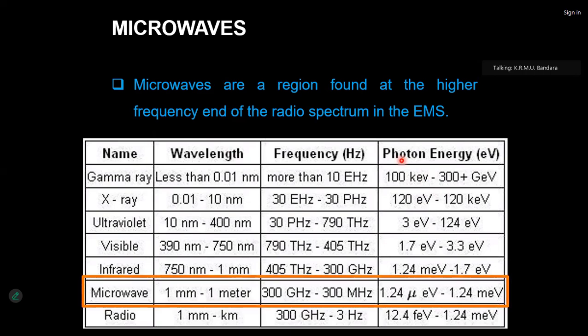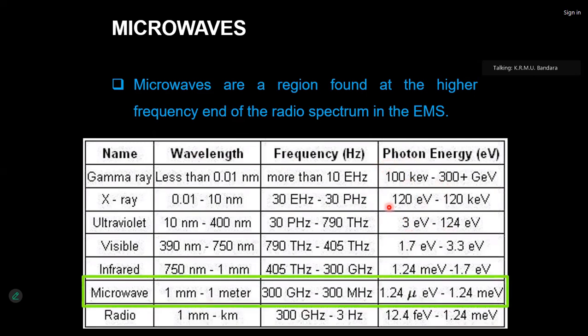You can go through the equations: frequency multiplied by wavelength is equal to the velocity of light, or the speed of light. And the energy is the Planck constant multiplied by the frequency.